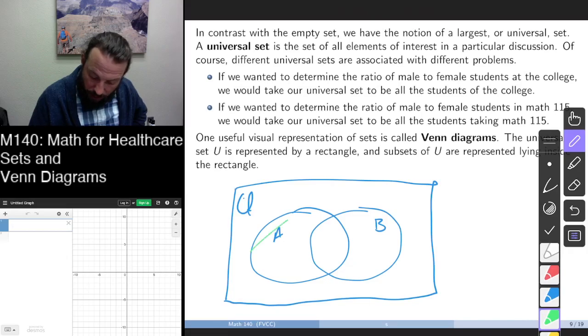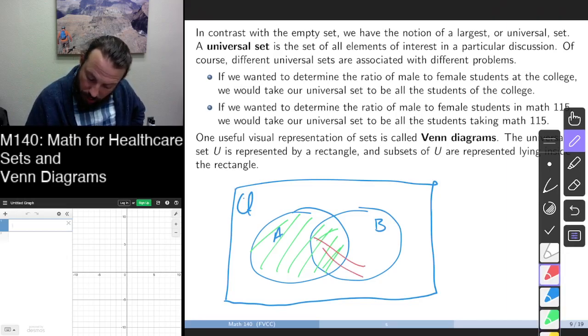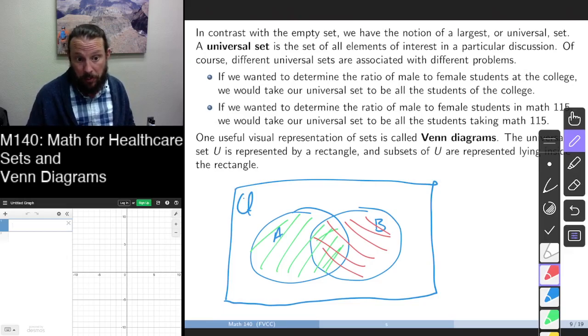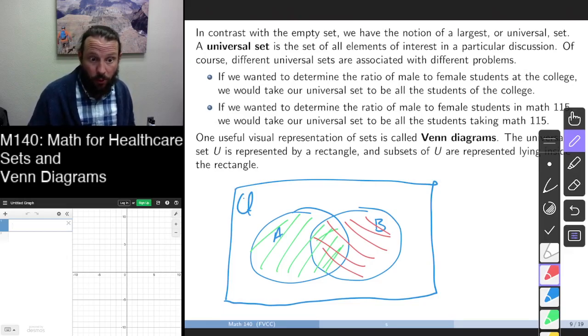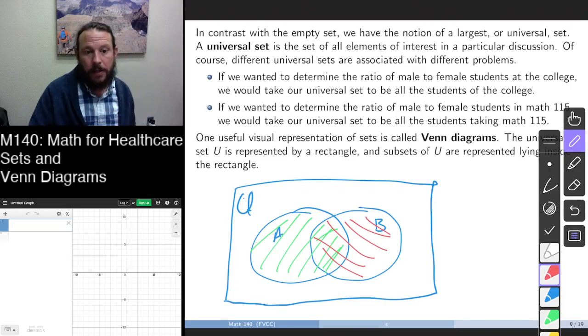The green shaded region is all the elements in A. The red shaded region is all the elements in B. And the region that's both red and green means that there are elements that are in both A and B.